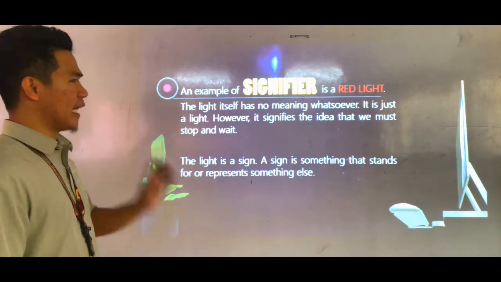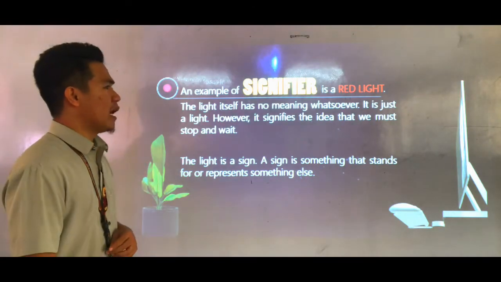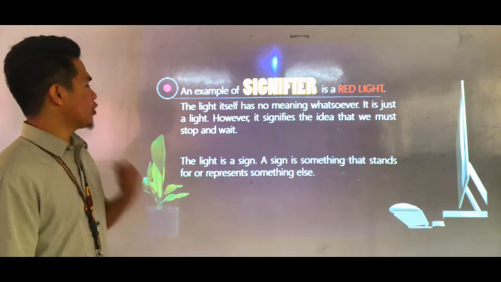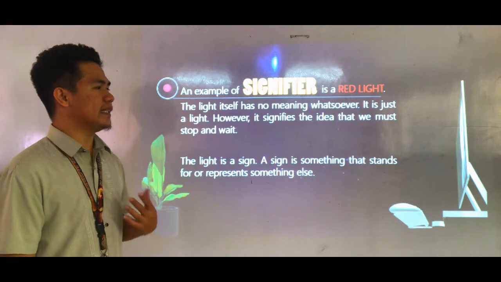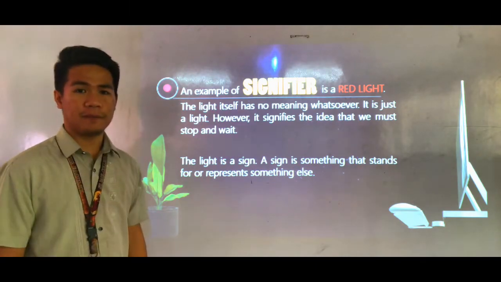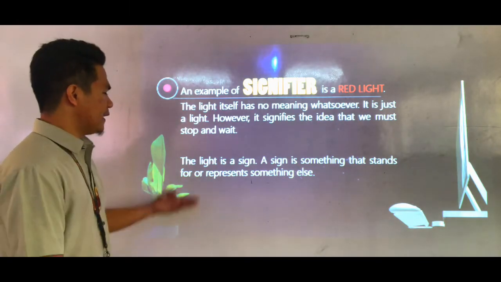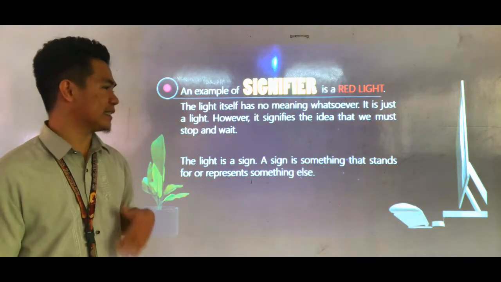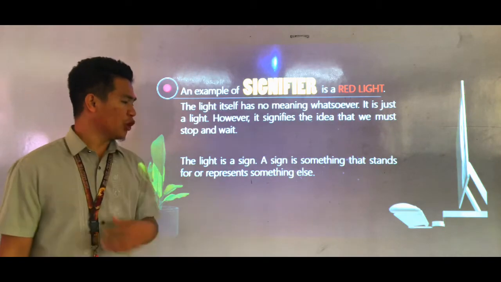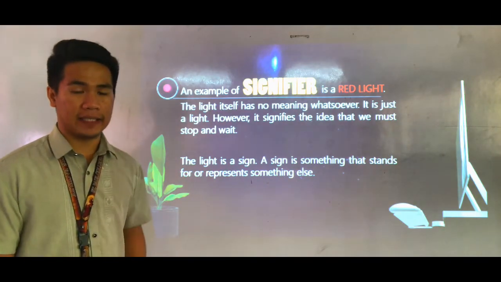The light itself has no meaning whatsoever; it is just a light. However, it signifies the idea that we must stop and wait. The light is a sign. A sign is something that stands for or represents something else.